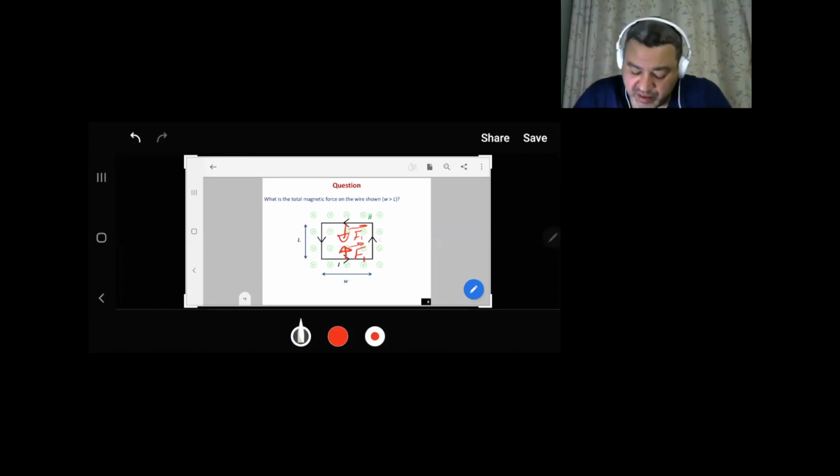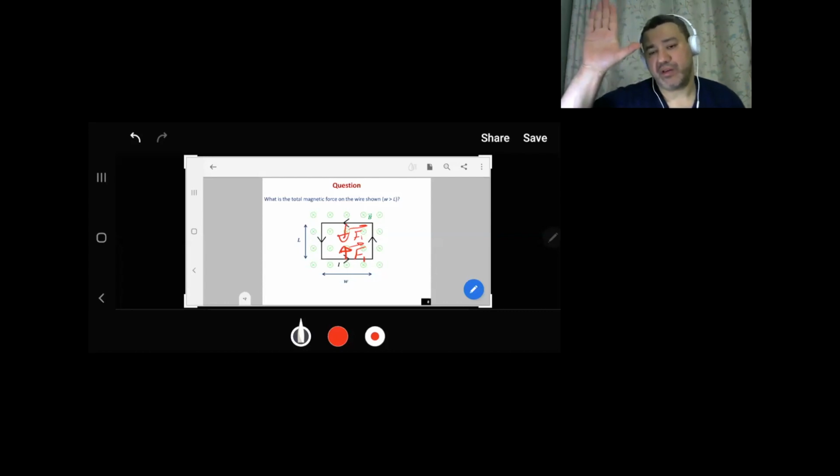Now let me evaluate the right side. On the right side, I have the current going up. However, I will be curling in this direction, so I rotate my palm this way. My hand is now curling toward entering the screen, in the direction of the magnetic field.